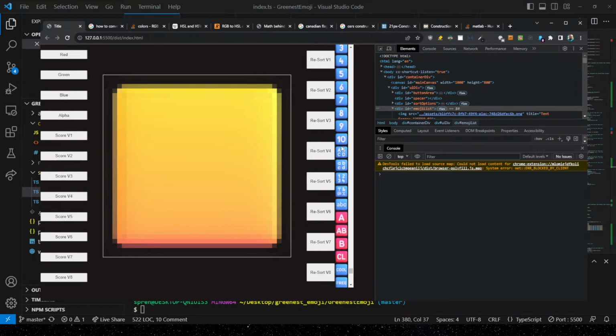Oh, is my computer okay? What the heck? That was weird. These are all zero green.